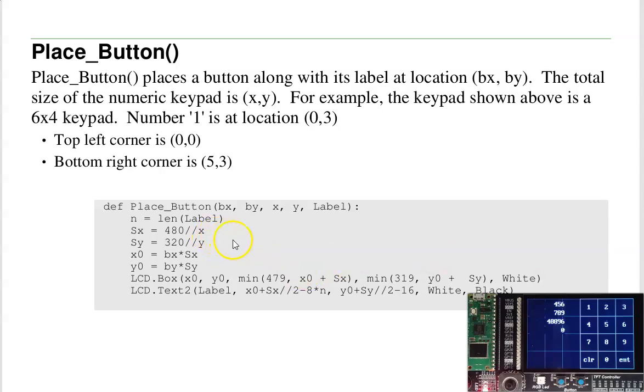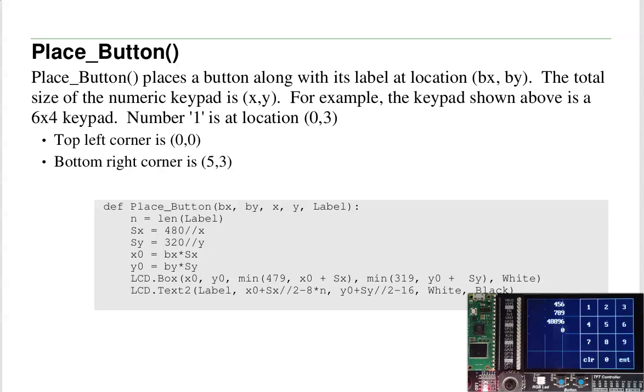The x-coordinate is 480 divided by how many rows you have, or how many columns. The y-coordinate is 320 divided by how many rows you have. The base location, upper left corner, is the key that you're talking about times SX, the key that you're talking about times SY.